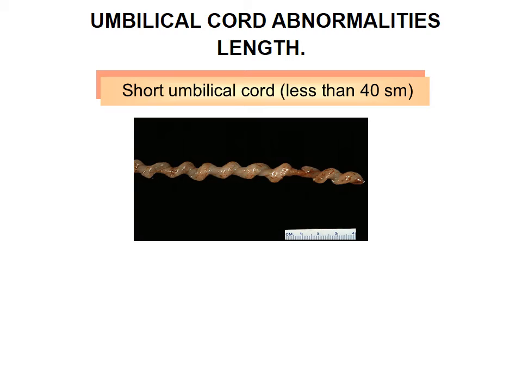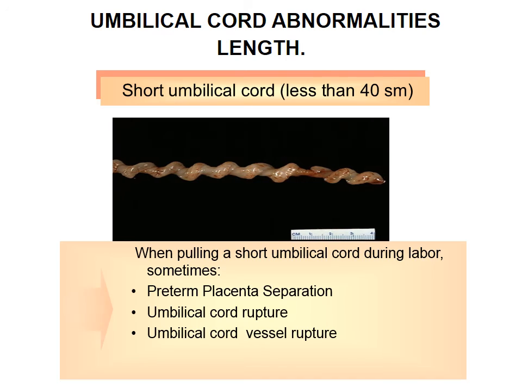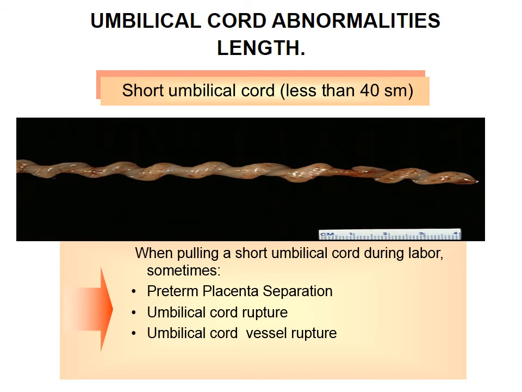It's a cord whose length is less than 40 cm. Short cords may be associated with fetal growth restriction, congenital malformations, intrapartum distress, and a twofold risk of death. Pulling a short umbilical cord during labor may cause preterm placental separation or umbilical cord rupture.